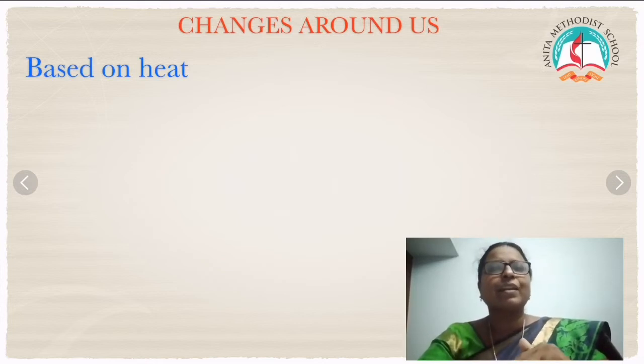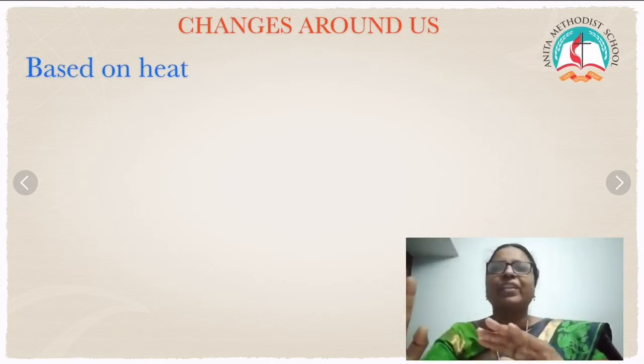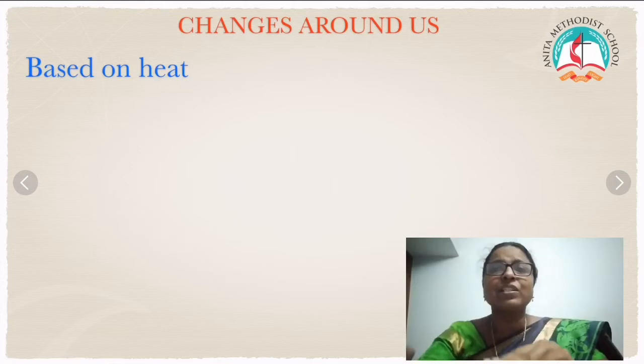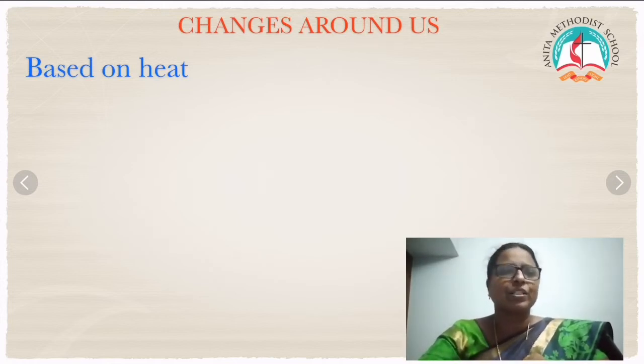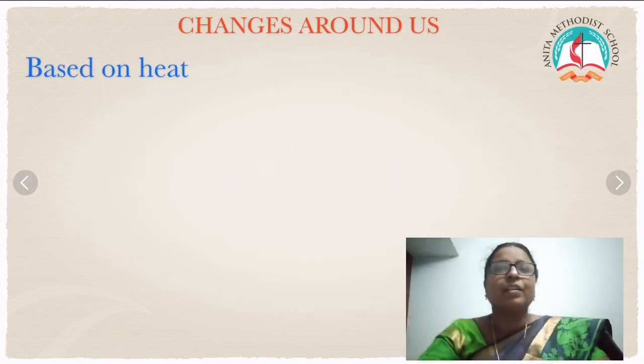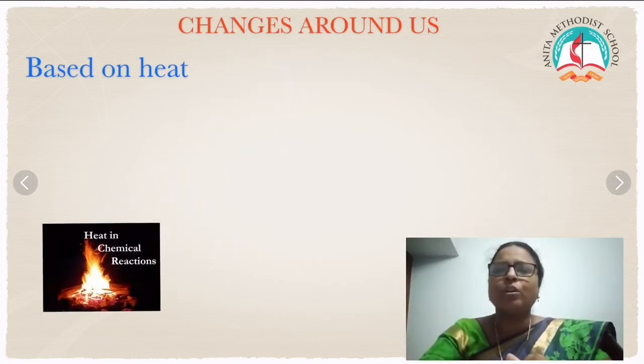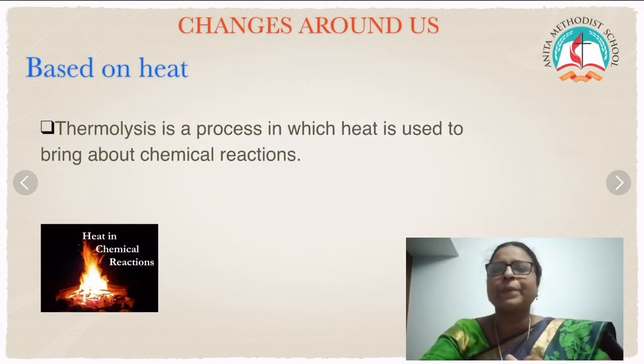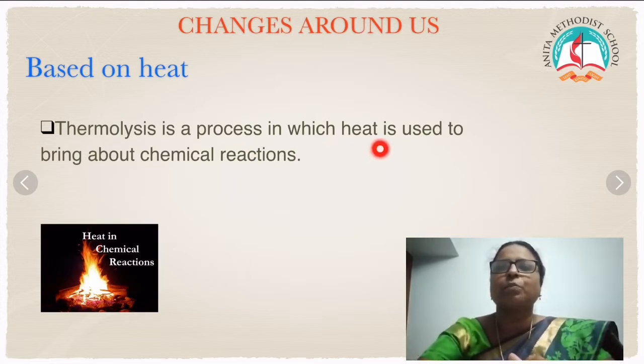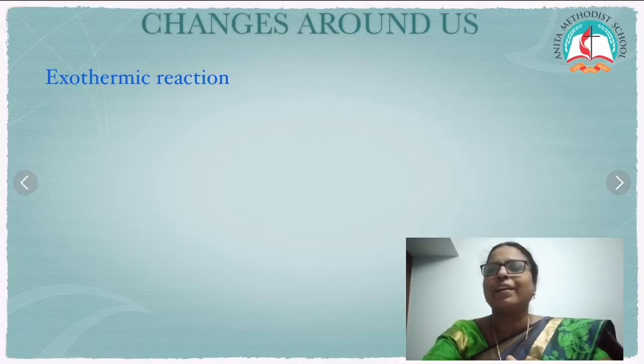Chemical reactions can be done by the supply of heat only. Such reactions are called thermochemical reactions or thermolysis. Thermolysis is a process in which heat is used to bring about chemical reactions.